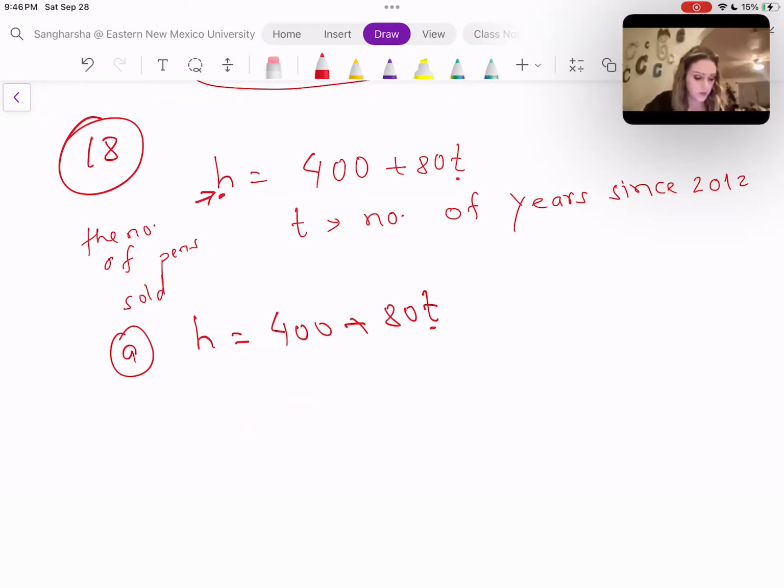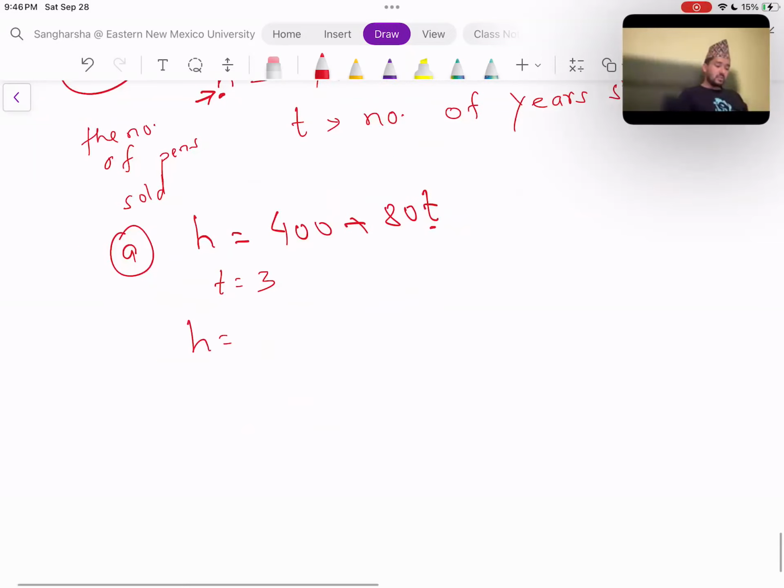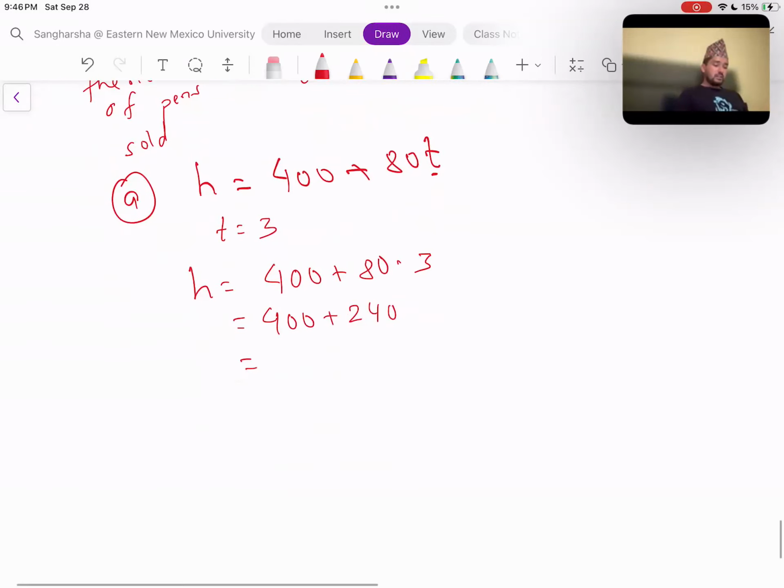That's right. So T is 3. Now, you substitute 3 and you have your answer. So we have 400 plus 80 times 3, 240. And this is 640. So the number of pens sold in 2015 is 640.